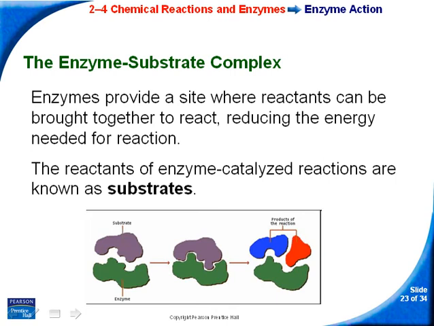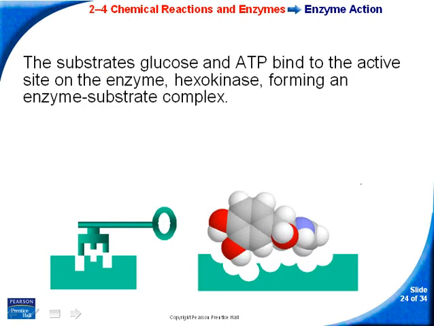The reactants of these reactions are known as the substrates. The gray blob is the substrate. The enzyme, which you can see is shaped very specifically for that substrate, joins together and creates the products.